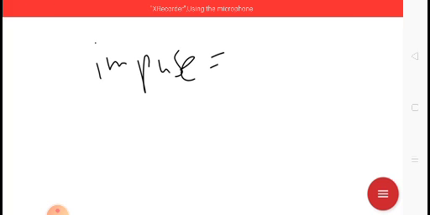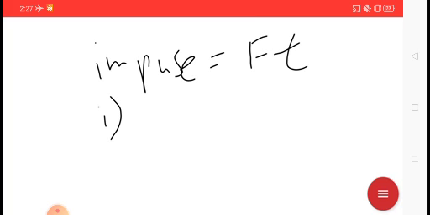Part 3: which of the answers in part 1 and 2 would be affected by changing the modeling assumption that the ball is in contact with the ground for 0.01 second? If you refer to part 1, the impulse is equal to Ft, so for part 1, yes, it will change.